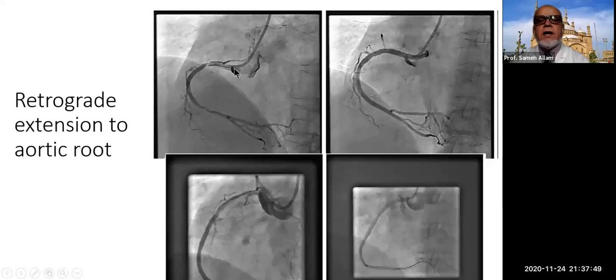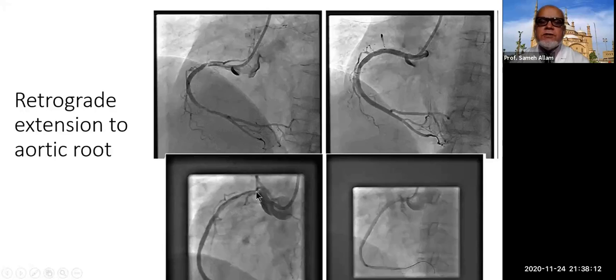Here, again, dissection of the right coronary artery retrogradely extends to the right coronary sinus and probably the proximal part of the aortic root, and it's sealed here once the ostium of the right coronary artery was stented.